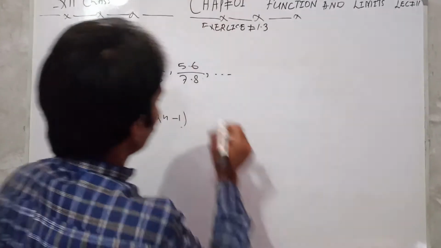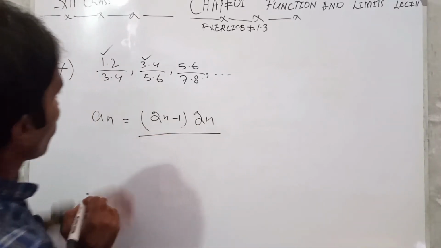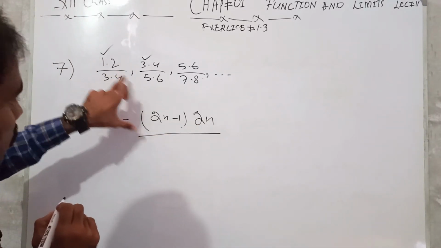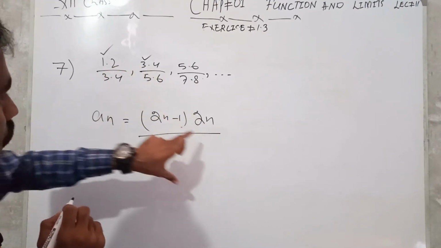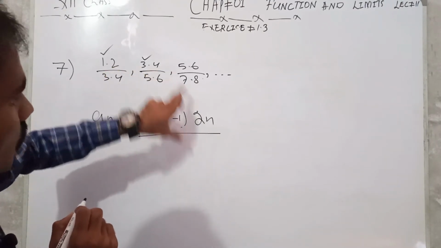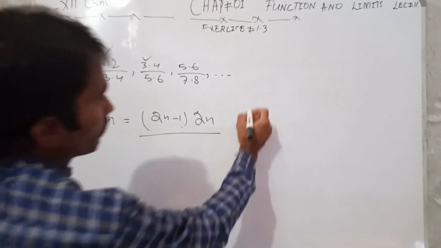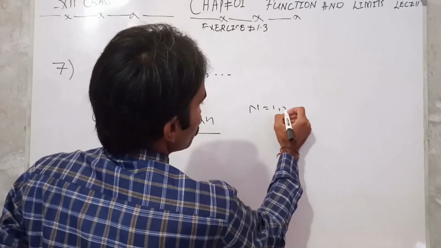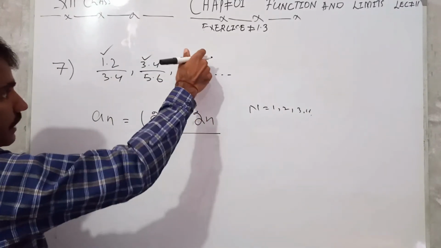Later on we write 2n, because when you put 1, the answer becomes 2, when you put 2, the answer becomes 4, and when you put the natural number 3, you get 6. So like that.